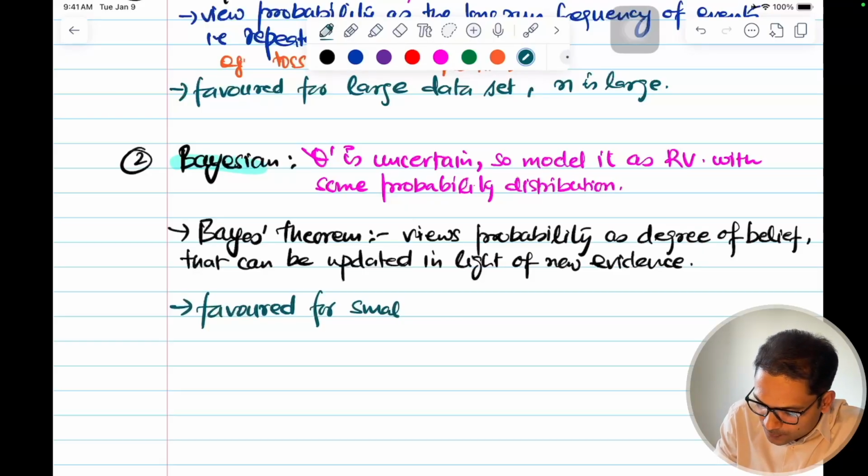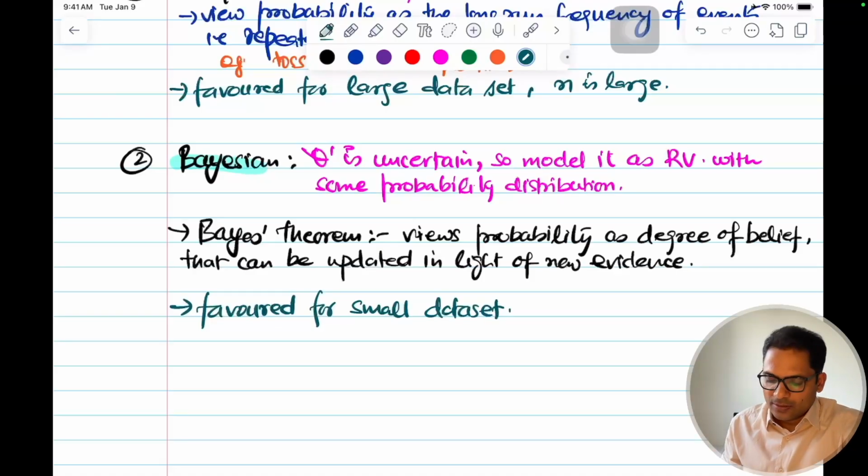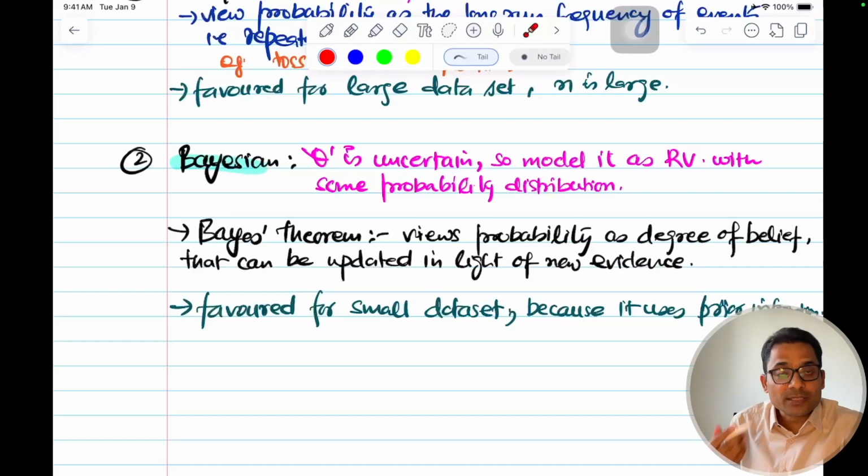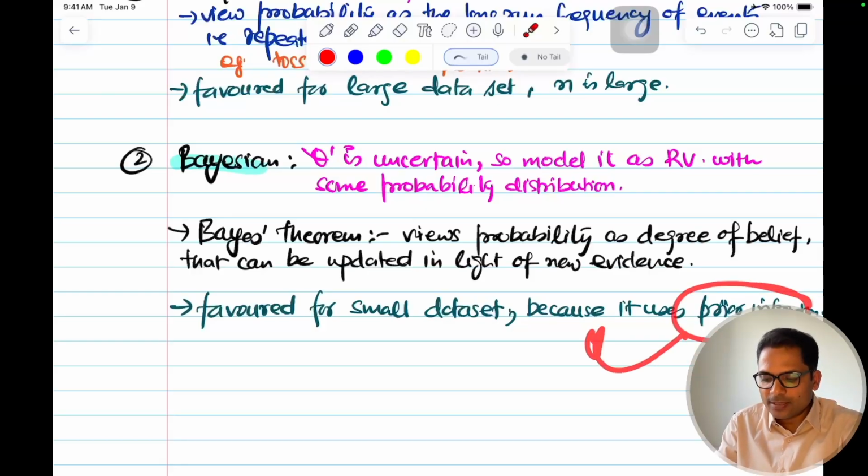One more point is that Bayesian is favored for small data sets, because in the absence of enough information, we can make the estimates based on the prior information I have. Because it inherently uses Bayes theorem, it uses prior information about theta, what the model will be, what the parameters of that model will be.